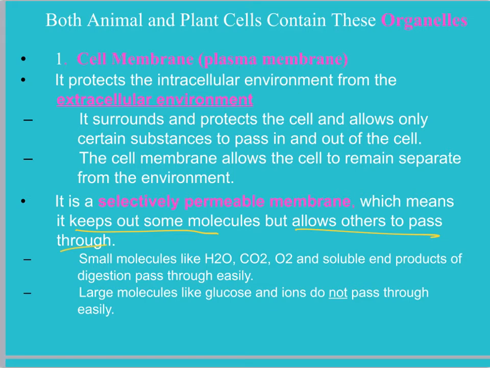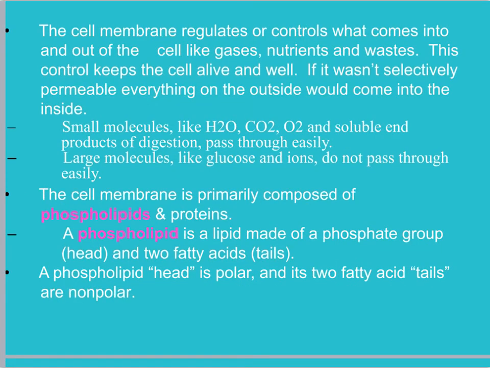Now, small things like water, carbon dioxide, and oxygen gas, soluble or easily dissolvable end products of digestion are going to go through easily. Bigger molecules like glucose, ions are not going to pass through as easily. So the cell membrane is going to regulate and control what goes in and out of the cell, like gases.